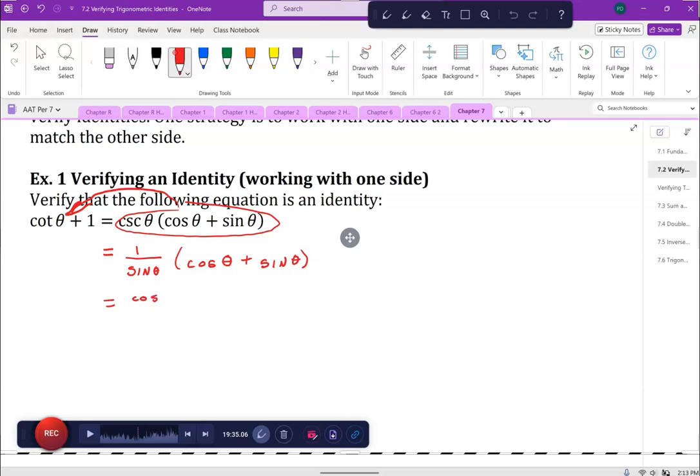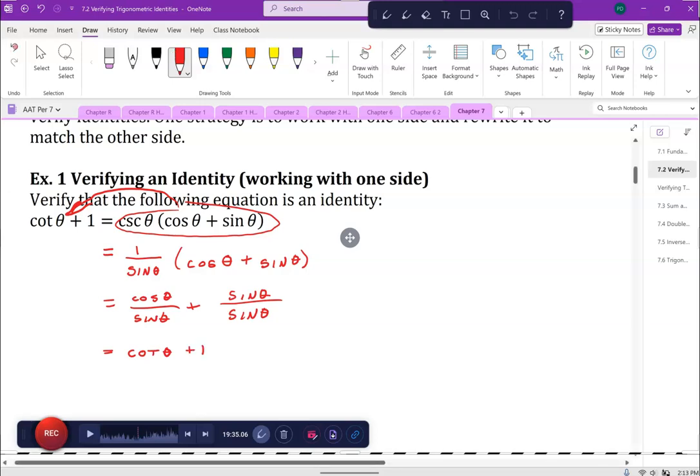I have cosine theta over sine theta plus sine theta over sine theta. And wouldn't you know it, cosine over sine is cotangent theta, and sine over sine is simply 1. We're done. That's the first identity that you verified.